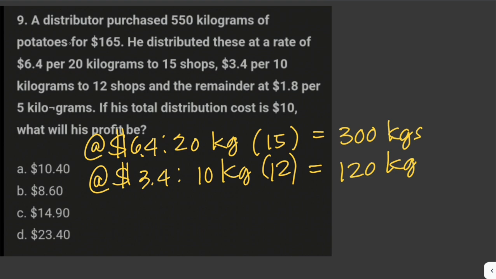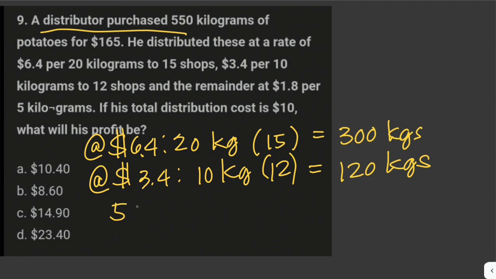So it is given here that the distributor purchased a total of 550 kilograms of potatoes, and then he distributed 300 kilograms and 120 kilograms to 15 and 12 shops respectively.